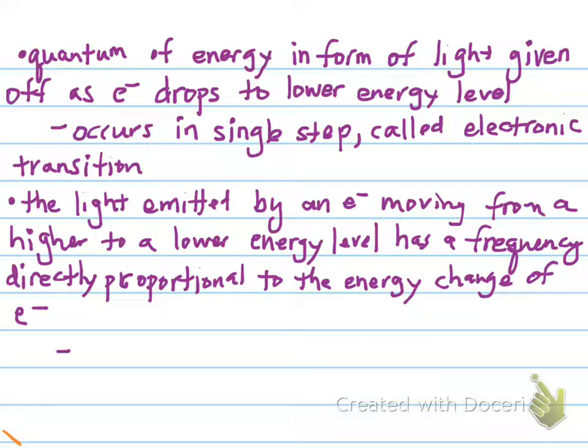And so each line that we see in that atomic emission spectrum, each line is produced by a transition of an electron.